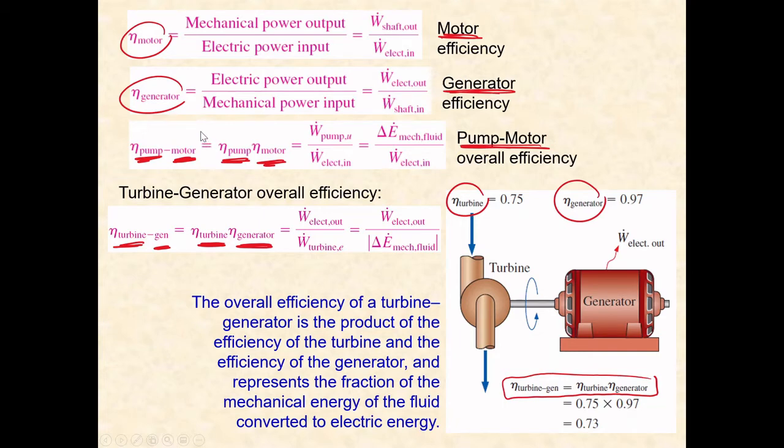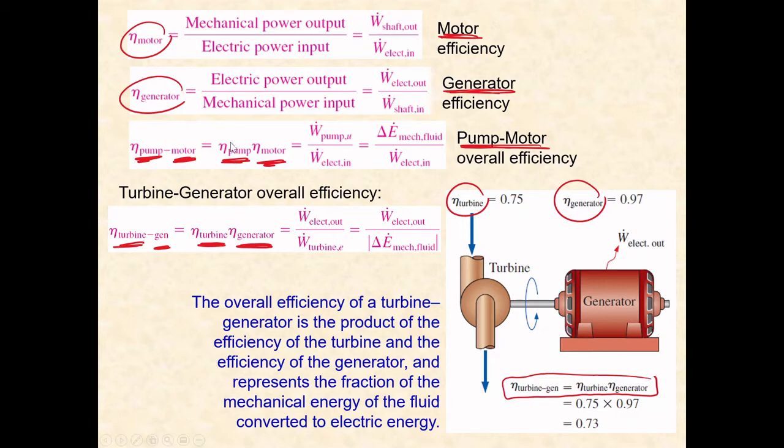To do that, you can convert it through a pump. You can also convert it through a fan, right? So the shaft energy is converted into energy in the water through a pump or through a fan.